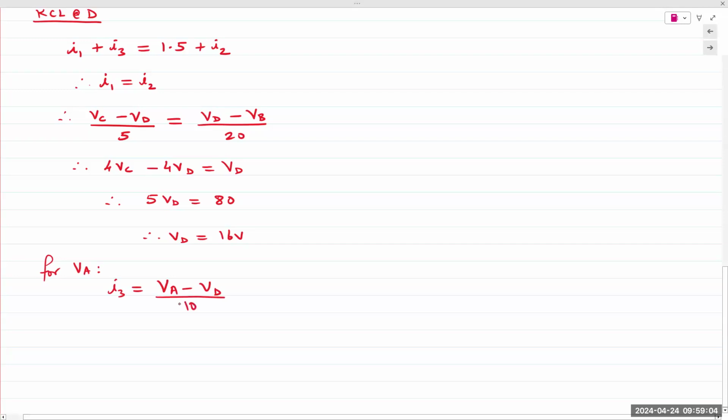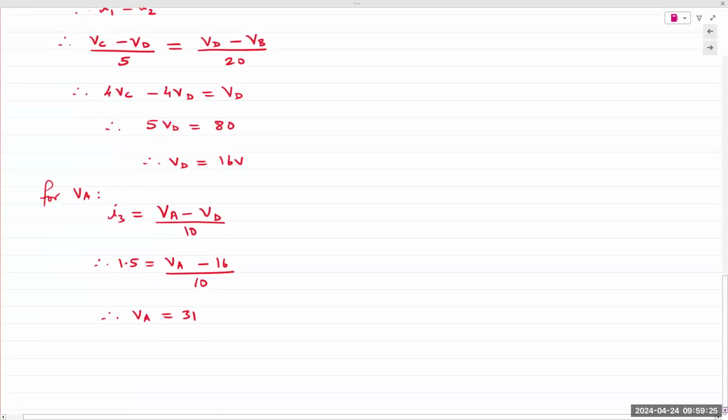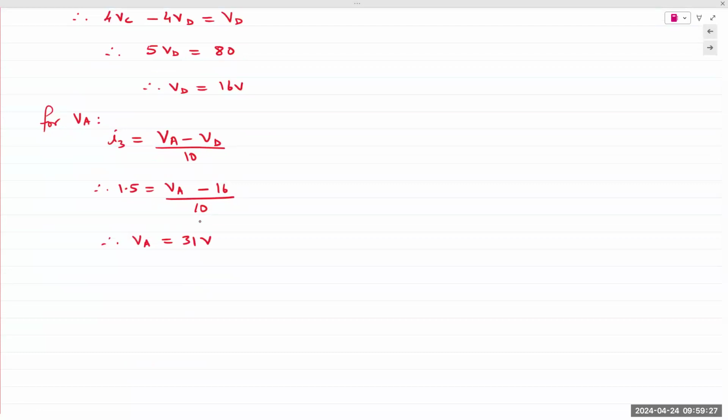Because of our assumed direction, A is higher than D, so it's VA minus VD. Plug in all the known values and solve for VA. 15 plus 16 gives me 31 volts. We're almost out of time, so if you have to leave, go ahead and leave.